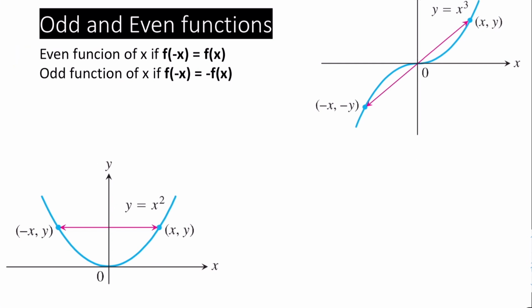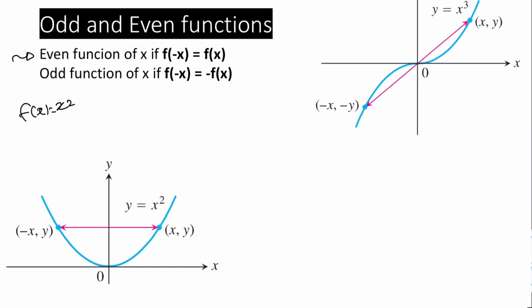So from its definition, an even function is one where, if I replace x with minus x in f of minus x, I get the same value of y as for x. For example, let's look at our case, f of x equals x squared.